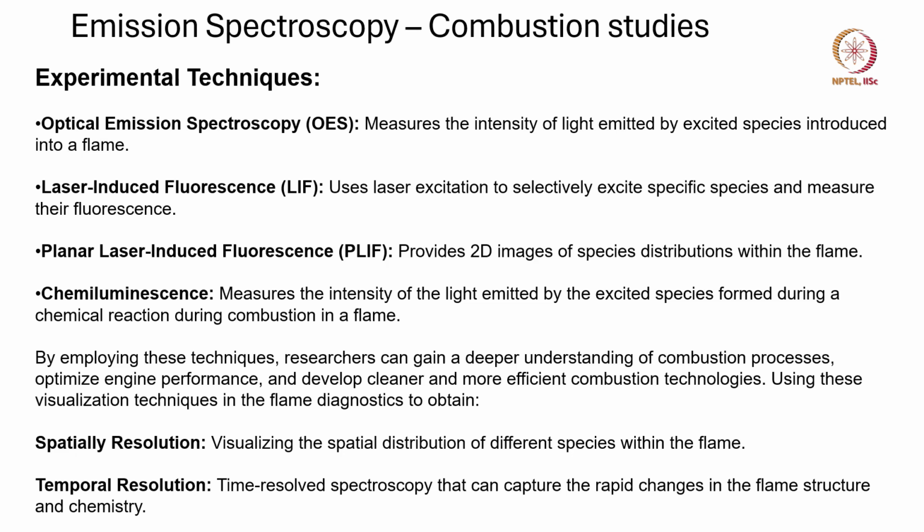Using these visualization techniques, we can obtain spatial resolution, that is, visualization of the spatial distribution of different species within the flame, and temporal resolution, which is time-resolved spectroscopy that can capture the rapid changes in the flame structure and chemistry.